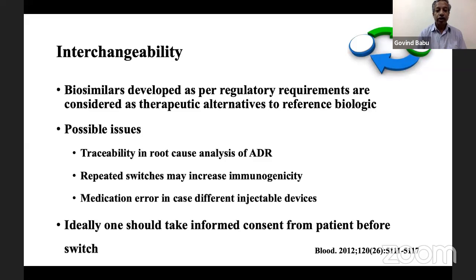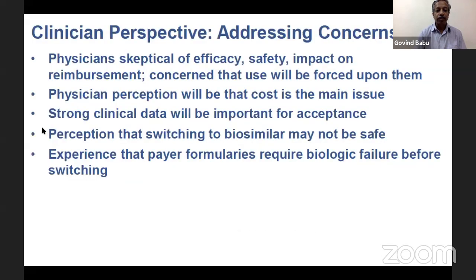So, from the clinical perspective of addressing concerns, physicians are skeptical on the safety and the impact on reimbursement concerns. Physician perception, which I've showed you, is again a concern that needs to be addressed, and strong clinical data is important for acceptance. The perception that switching to a biosimilar may not be good is again not the right thing.